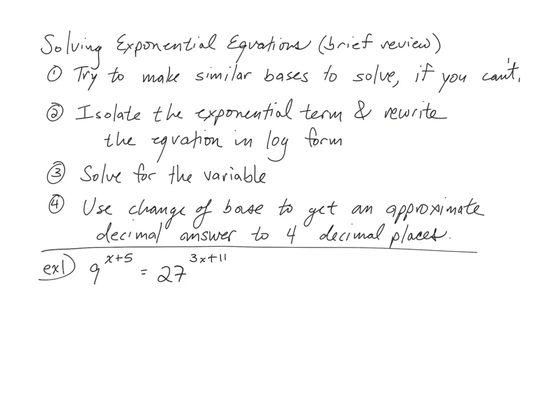All right, as a very, very, very brief review, when you're solving exponential equations, you try to make similar bases to solve. And if you cannot make similar bases to solve, you want to isolate the exponential term and rewrite the equation in log form, solve for the variable, and then this is new, you want to use the change of base to get an approximate decimal answer, and we say go out to 4 decimal places, and we can clarify that a little bit more once we see some real world examples.